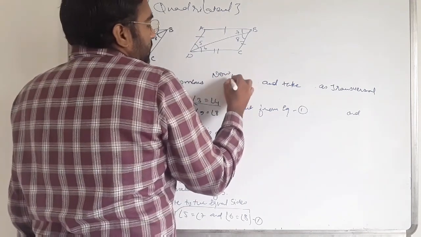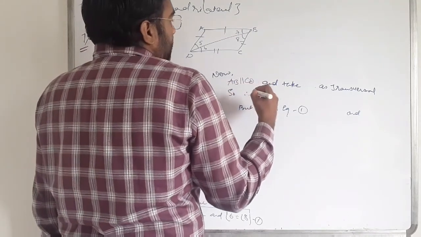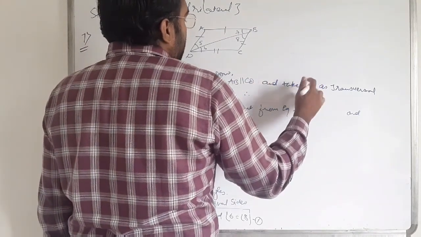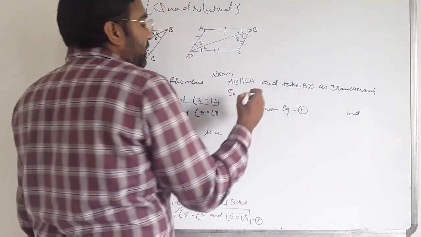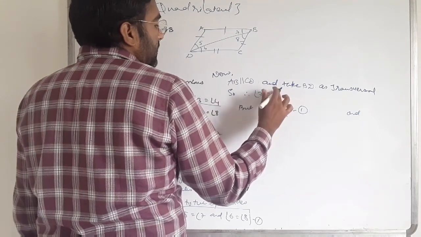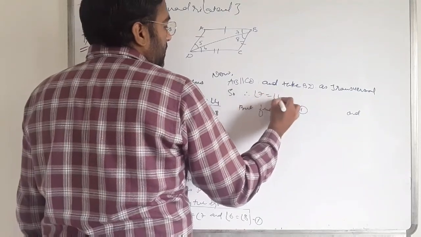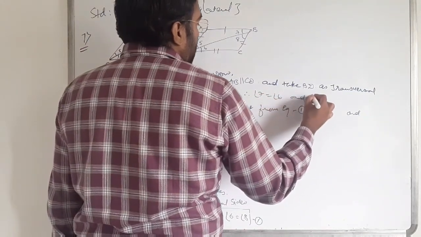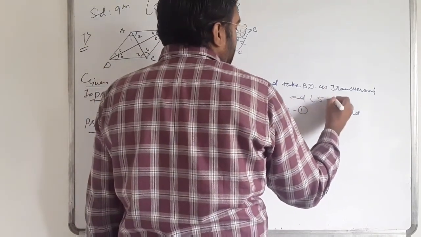Now we also have to take AB parallel to CD and take BD as a transversal. Okay. So therefore angle 7 is equal to angle 6 and angle 5 equals angle 8.